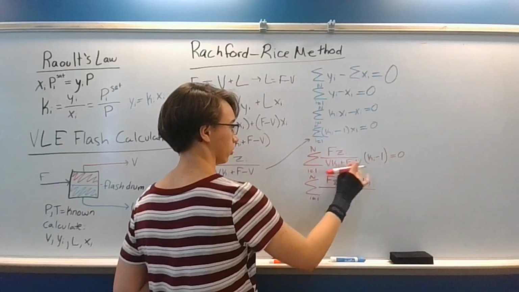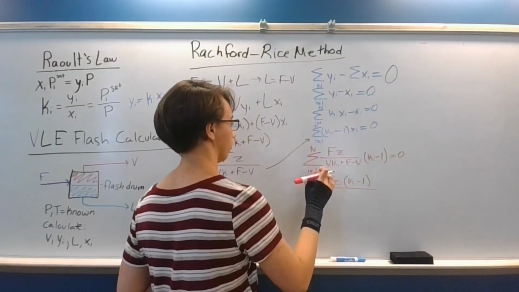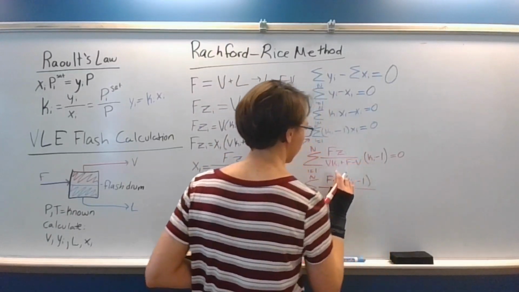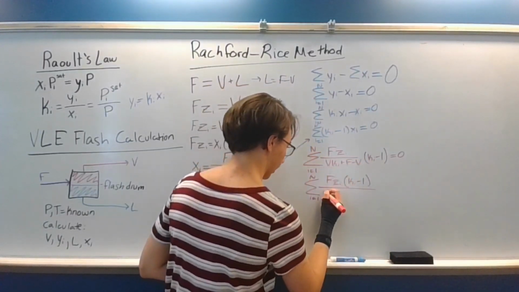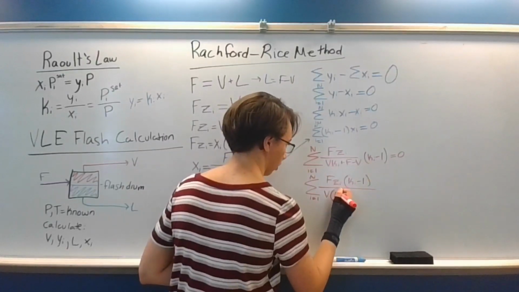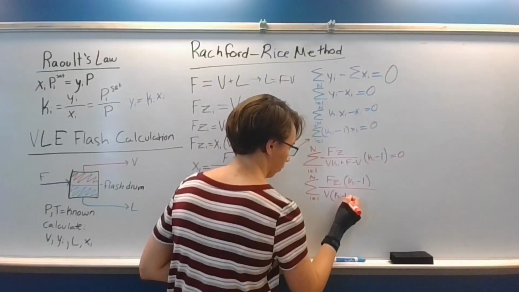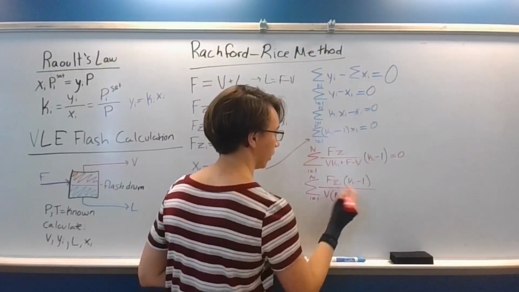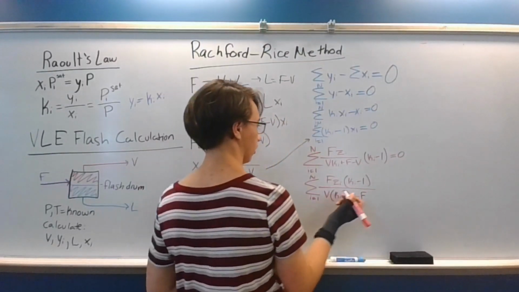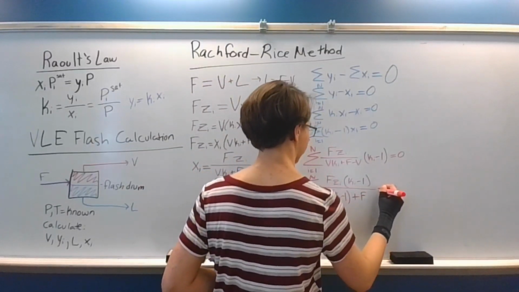So we're going to factor just these two terms, but not the F. I think that's what I was trying to do a second ago, but anyway. So we're going to have vapor times Ki minus 1. So that's similar to that term up here. And then plus this moles in the feed is equal to 0.